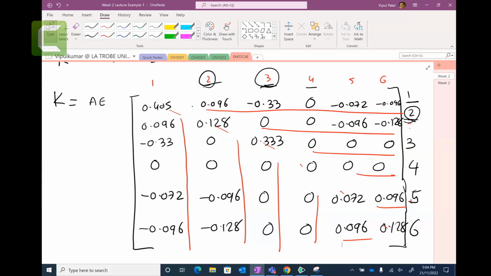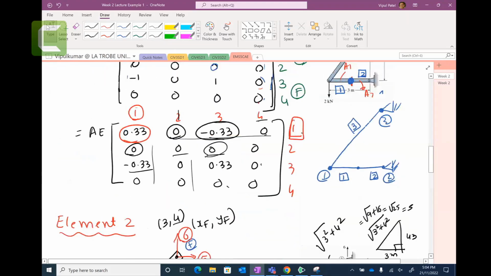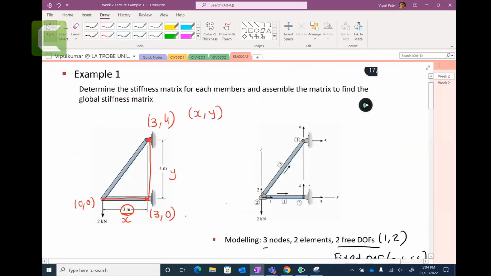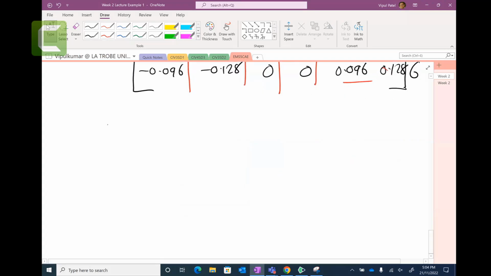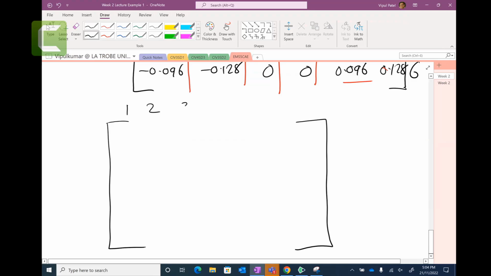1, 2, 3, 4, 5, 6, because there are 6 degrees of freedom. So what I put, there are 1, 2, 3, 4, 5, 6 total. So how do I arrange? Total 6 degrees of freedom, so I make it 1, 2, 3, 4, 5, and 6.